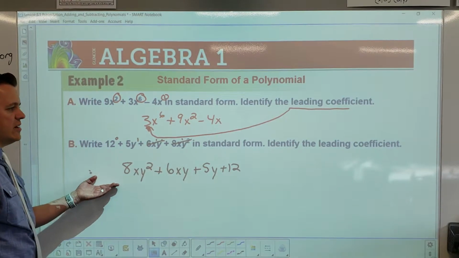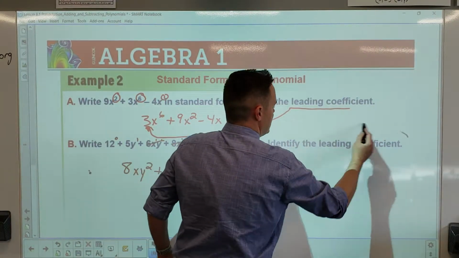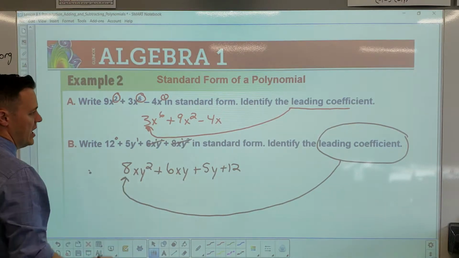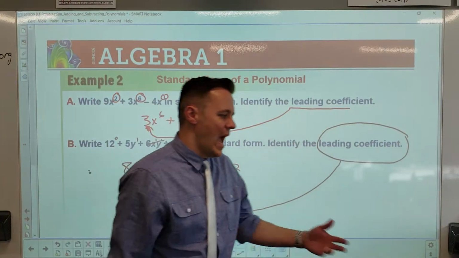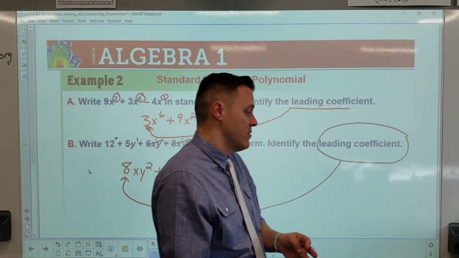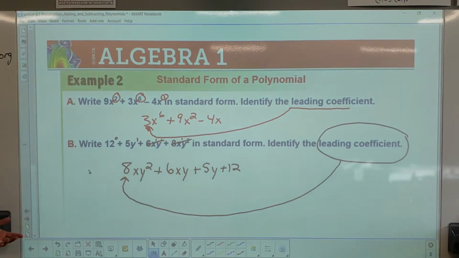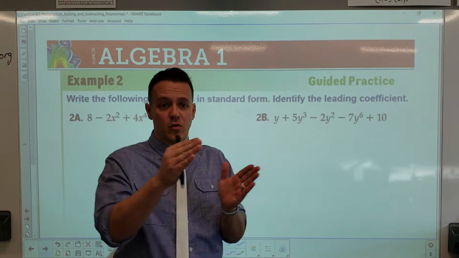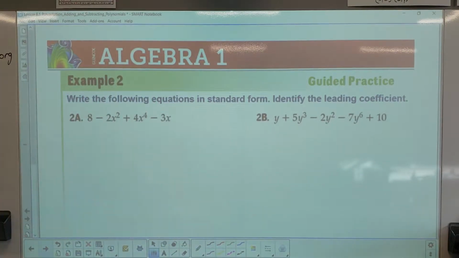So there's your standard form, and the leading coefficient is the number that's in front of it, which is number 8. So when I ask what a leading coefficient is, you have to know what comes in front of standard form. All right, so now what I want you guys to do is practice these. Hopefully you guys understand. Rewrite these in order of degrees from greatest to least.